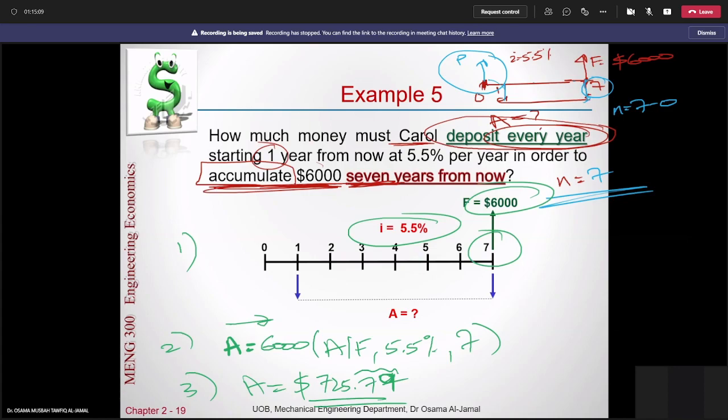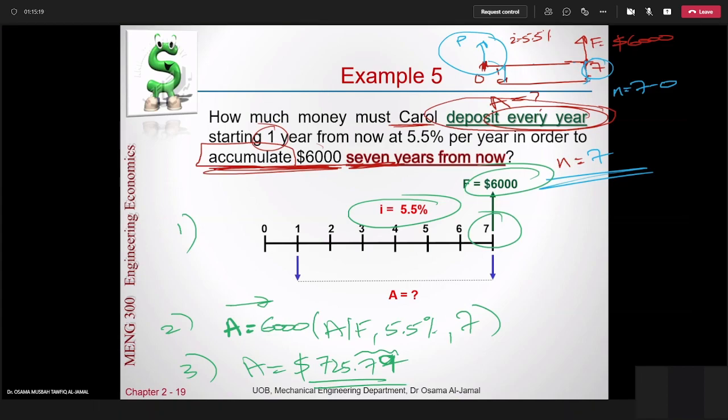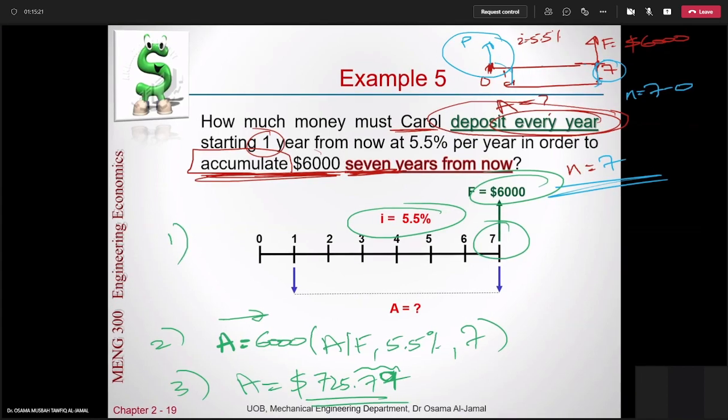So it's better to solve problems now for the 2 or 3 sections that we covered so far. For F given A, P given F, P given A, and whatever.